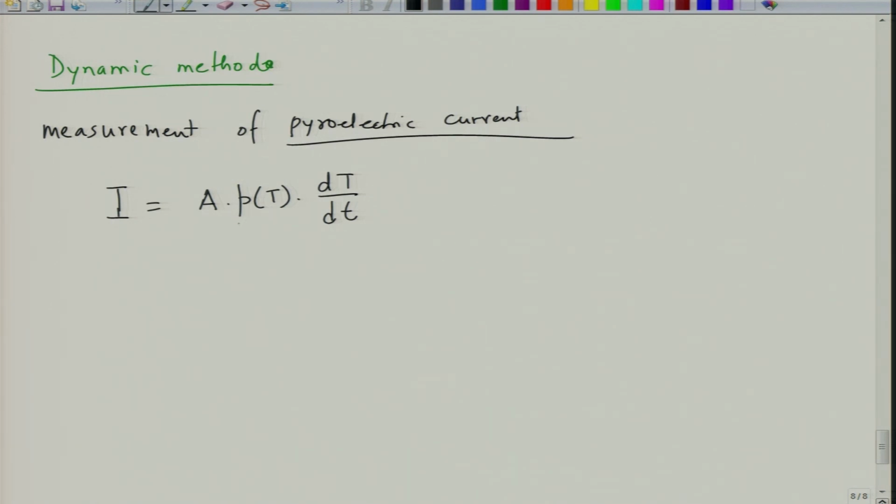This is the pyroelectric coefficient, this is temperature, and you have to multiply by the time. So Q is equal to IT, right. So I is equal to Q divided by T, and from this you can measure the pyroelectric coefficient, which is I divided by A, the area of the sample, into the change in temperature as a function of time. So you are measuring current as a function of change in temperature with respect to time.